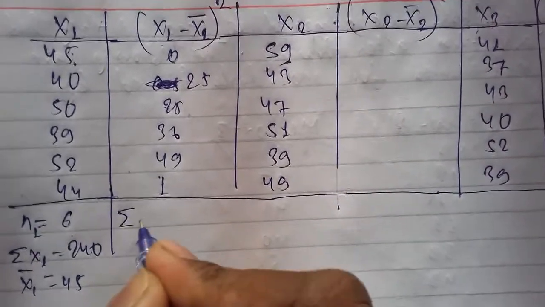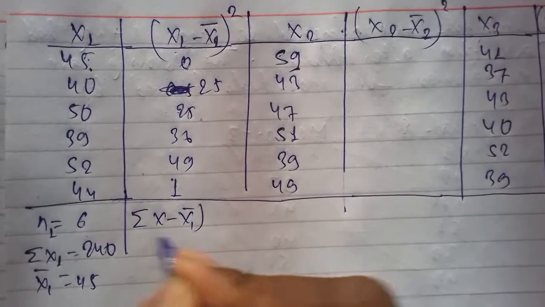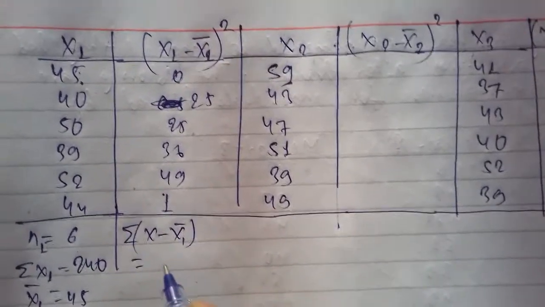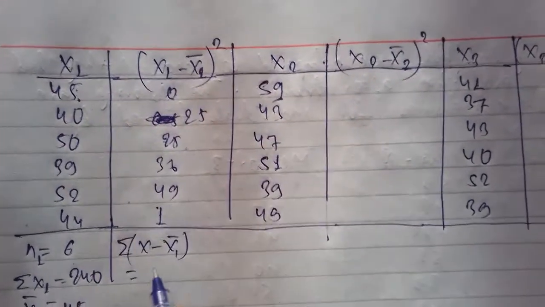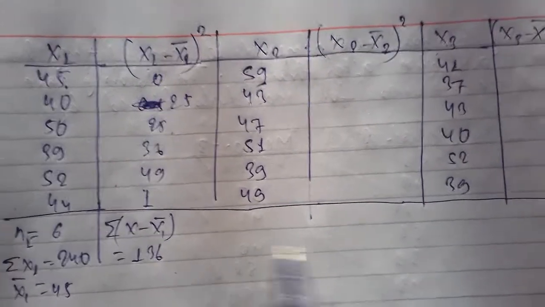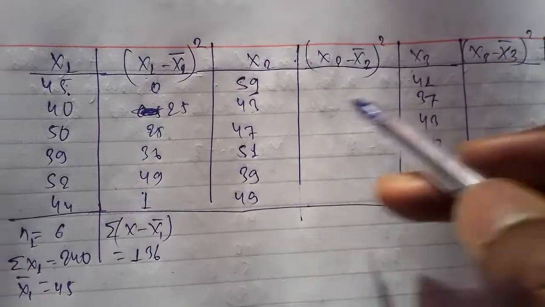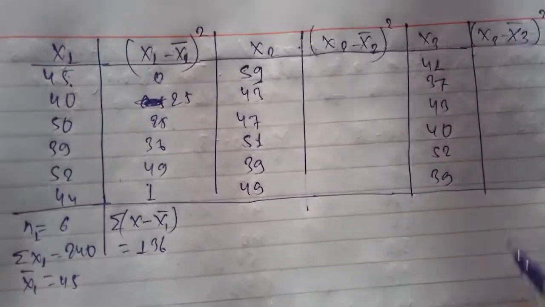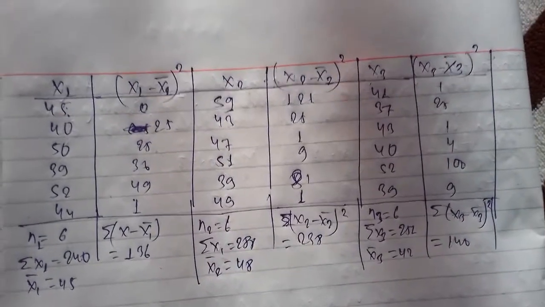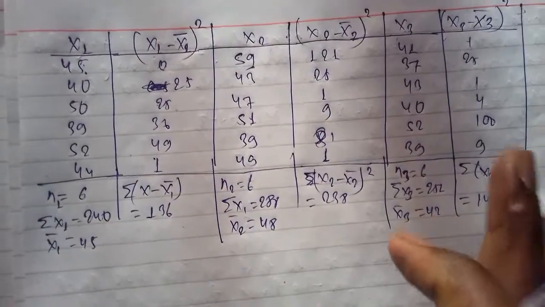Now we take the summation of (x1 minus x1 bar) squared, which is 136. Similarly we do the further calculation for x2 and x3, and after calculation we get these values.